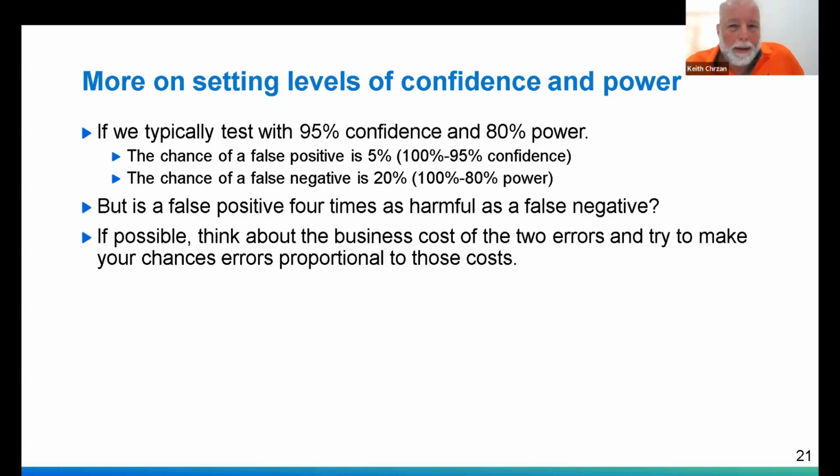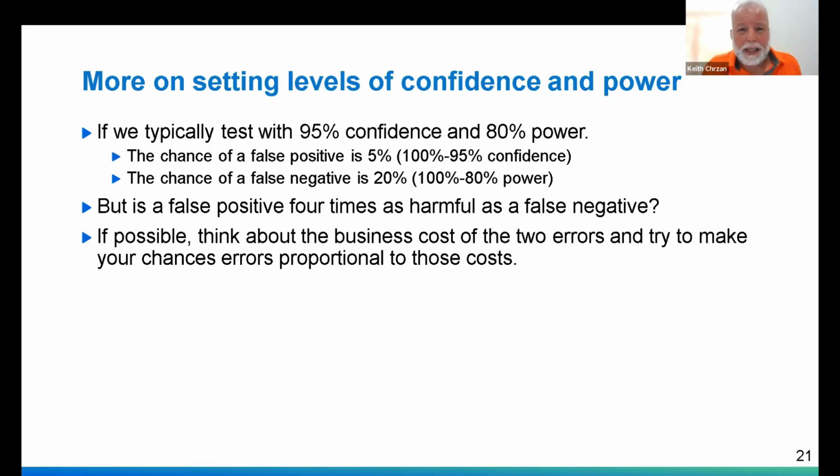A little bit more about that. Typically we test with 95% confidence, and I usually like 80% power. That means that the chance of a false positive is 5%. That's 100% minus the 95% confidence. The chance of a false negative is 20%. That's 100% minus the 80% power. But I ask myself, is it really true that a false positive is 4 times as harmful as a false negative?